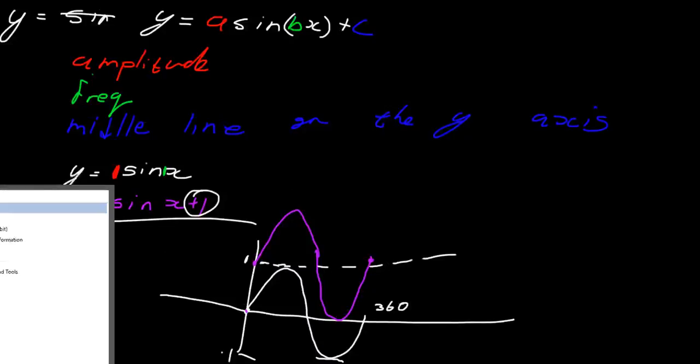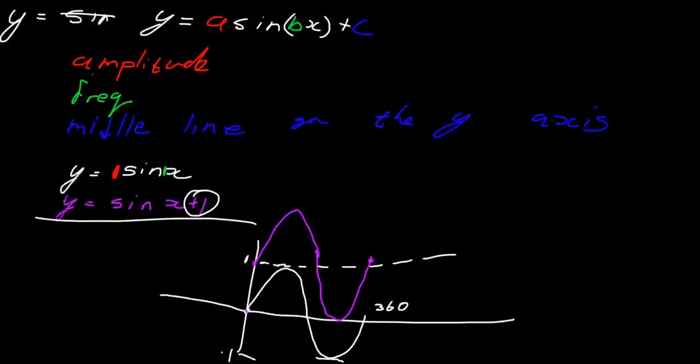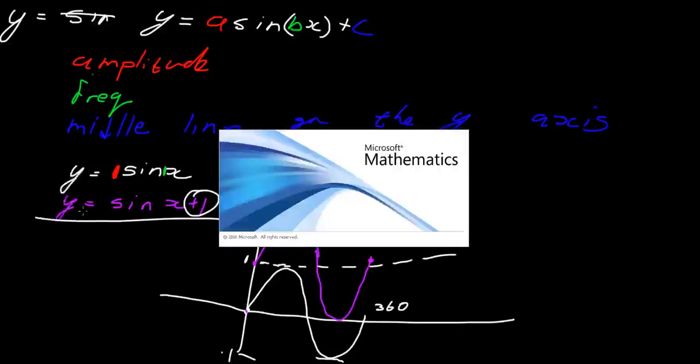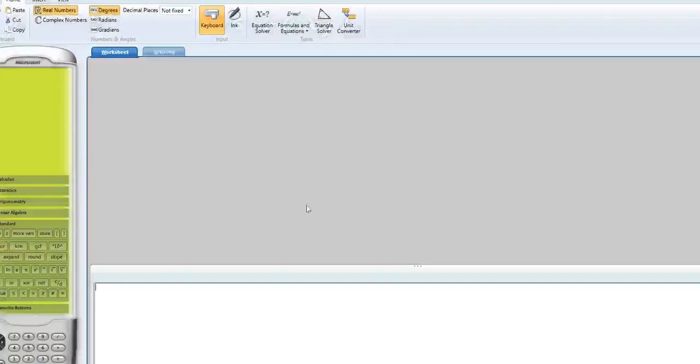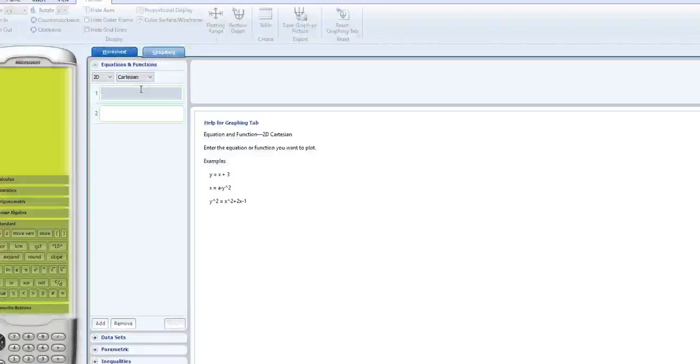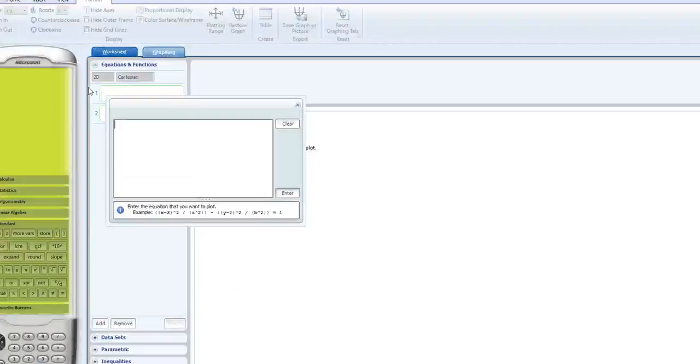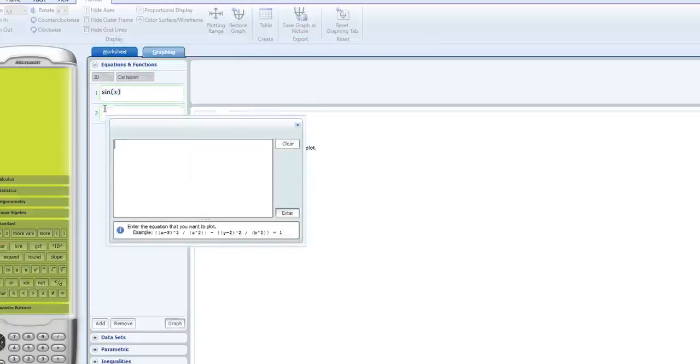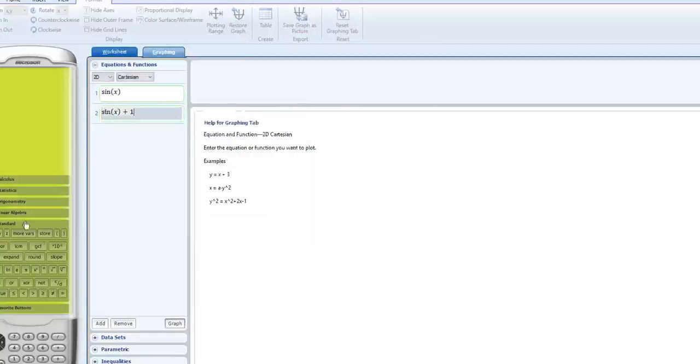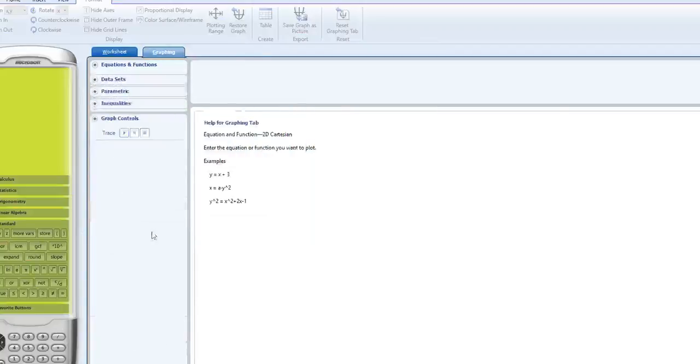And just to show you in Microsoft Math here, we'll plot the graph for you. So let's quickly go graphing. Okay, so we're going to plot sine x and we're going to plot sine x plus 1. Okay, and we're going to graph it.